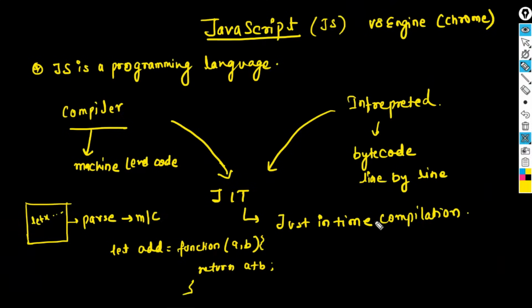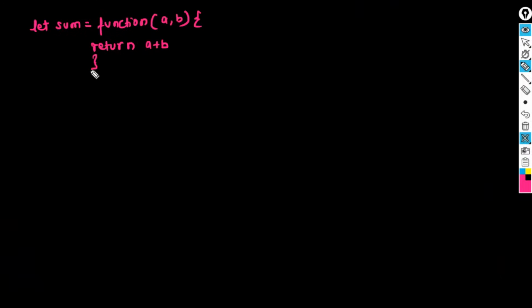Let me just clear it out. Suppose I am writing a function over here. Let sum is equal to, this is a JavaScript code. Don't worry about the syntax. Suppose this function is written and it is returning a plus b.